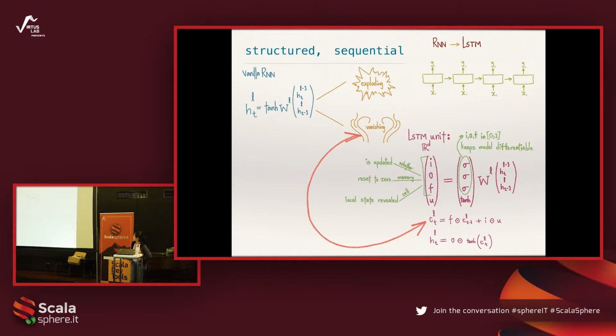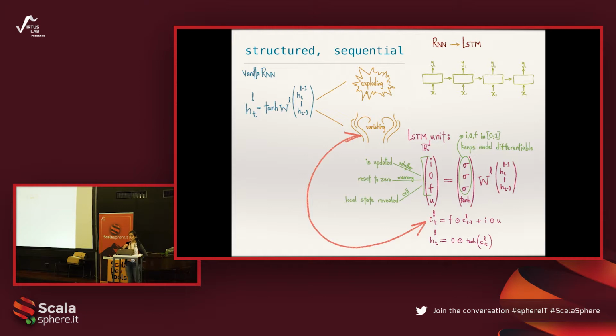So the first issue, the one of exploding gradients, is actually fixed with a heuristic of clipping the gradients at some maximum value. The second problem, however, of vanishing gradients is a bit more tricky, but it can be mitigated by using a memory vector in addition to a hidden state vector.